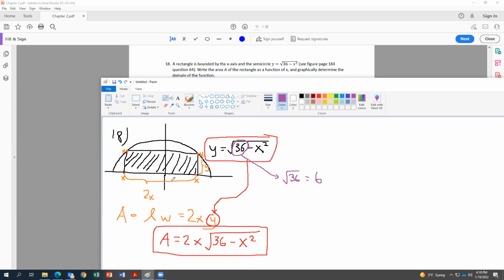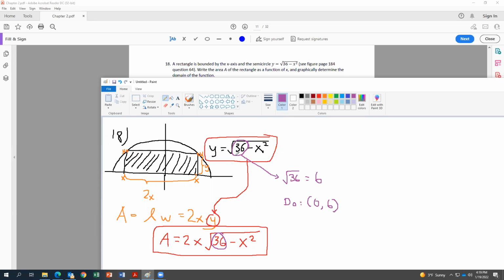So your domain for this actually goes from 0 to 6. How do we know the x here is 0 to 6? It is because you cannot have a negative in the square root. Okay, so 0 is the smallest you can have. The 6 comes from the 36 here.